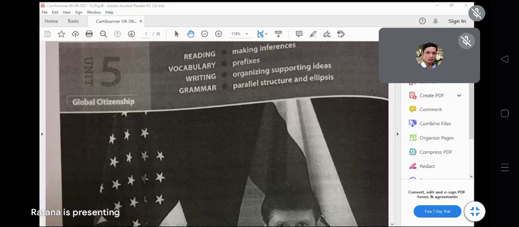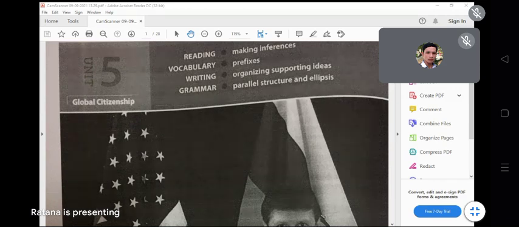If you use an infinitive verb first, the second one must also be an infinitive. If you use a gerund first, the second must also be a gerund. If the first object is a noun, the second object must also be a noun. Not like the first one is an infinitive and the second one is a base verb. So we will discuss that tomorrow.